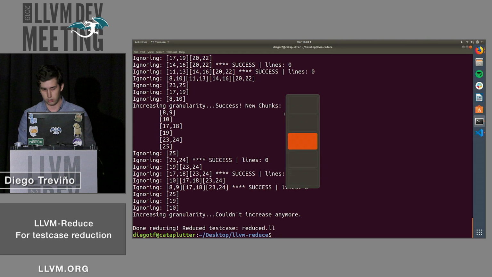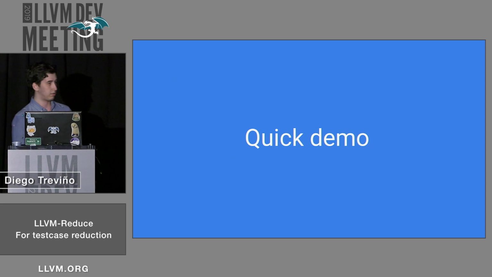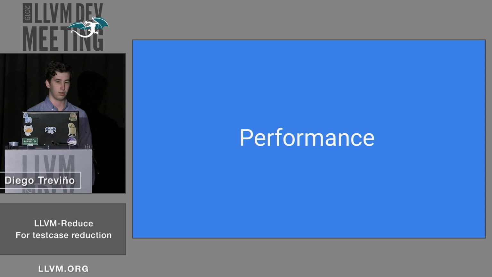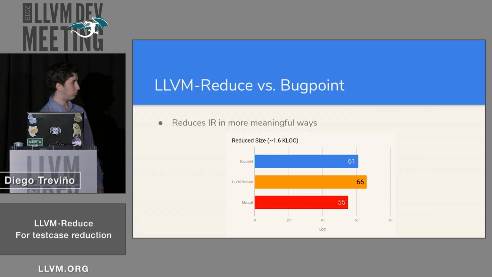So, okay. Let's see how the performance bears against bugpoint, our de facto debugger. So LLVM-Reduce does, actually in this test case, with 1.6 kilo lines of code, it did better. And I was actually surprised about that.